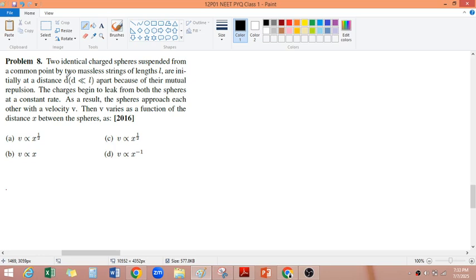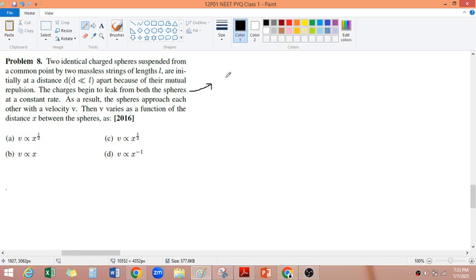Two identical charged spheres suspended from a common point by two massless strings of length L are initially at a distance d, very small compared to L, apart because of their mutual repulsion. The charges begin to leak from both the spheres at a constant rate.